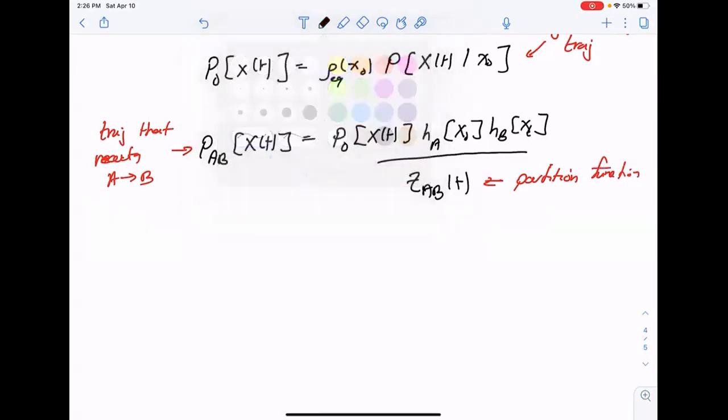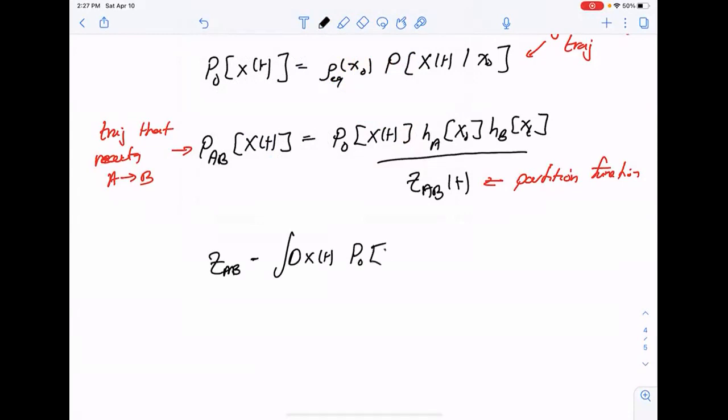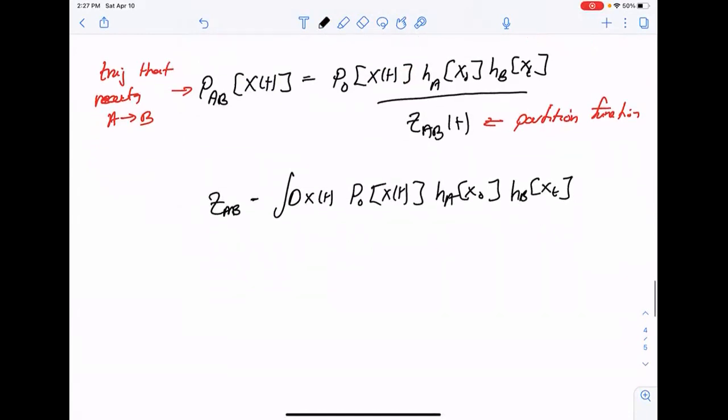By construction, it is going to be given by an integral over all possible paths, the probability P naught of observing the path unconditioned, and those weighting factors that say that I start in A and I end in B. Notice that this partition function can be thought of as an expectation value.